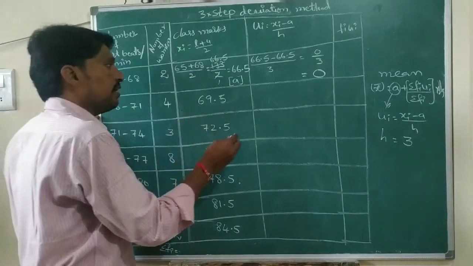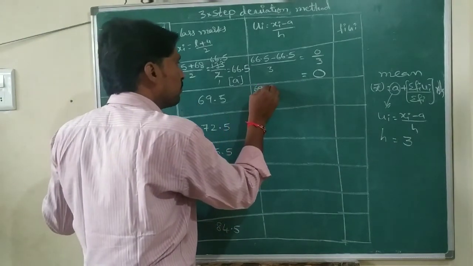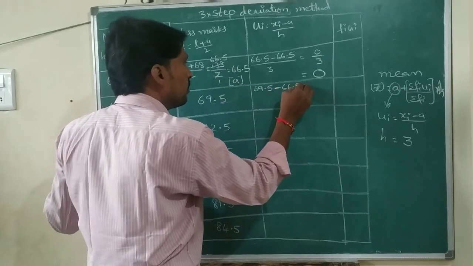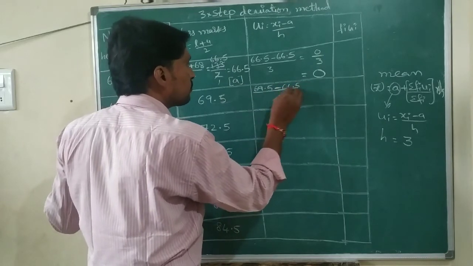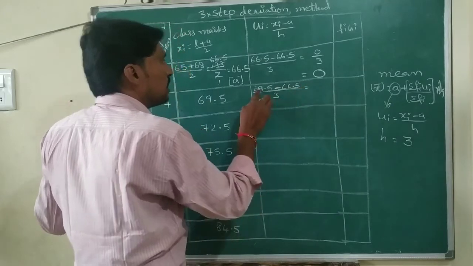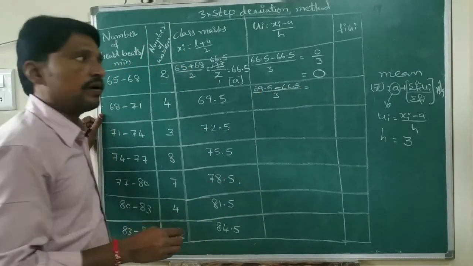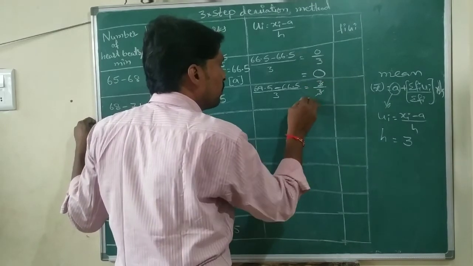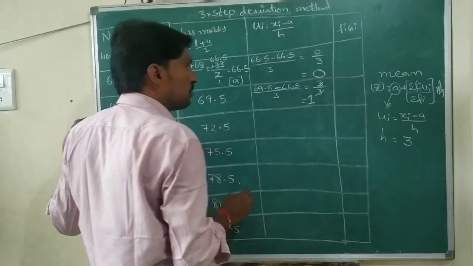Next, xi is 69.5 minus 66.5 by 3. That is 3 by 3, which is 1.